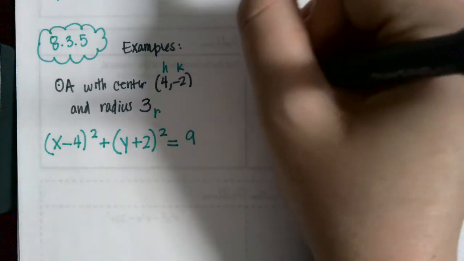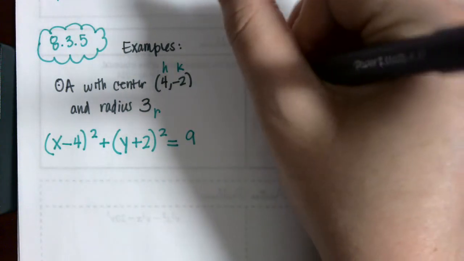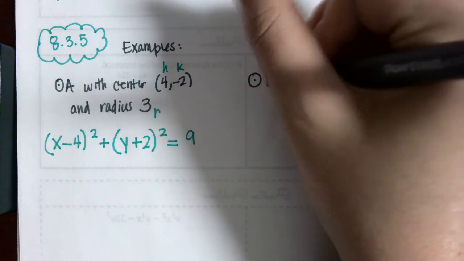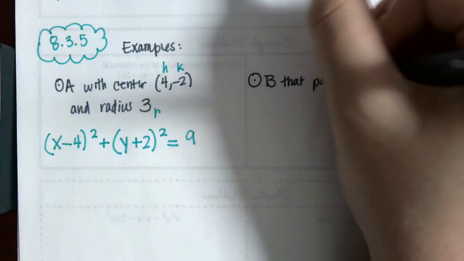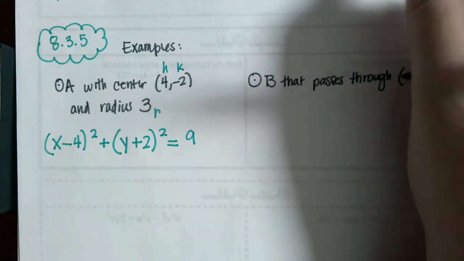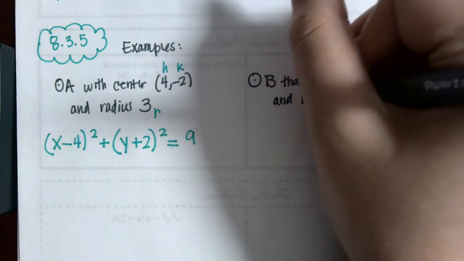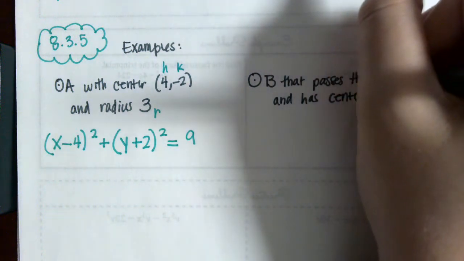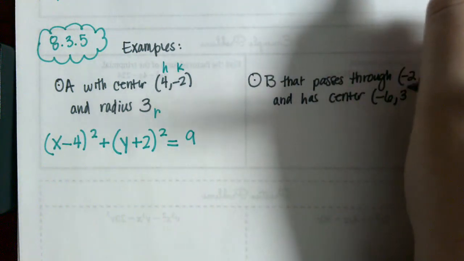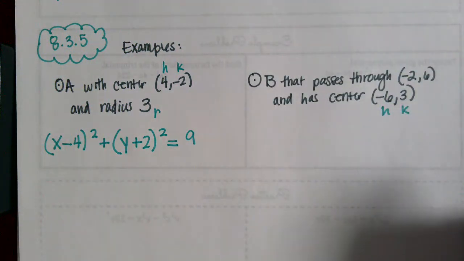You could also be given one that passes through certain points. So we have a circle B that passes through negative 2, 6 and has a center negative 6, 3. We have our center, but we don't have our radius.